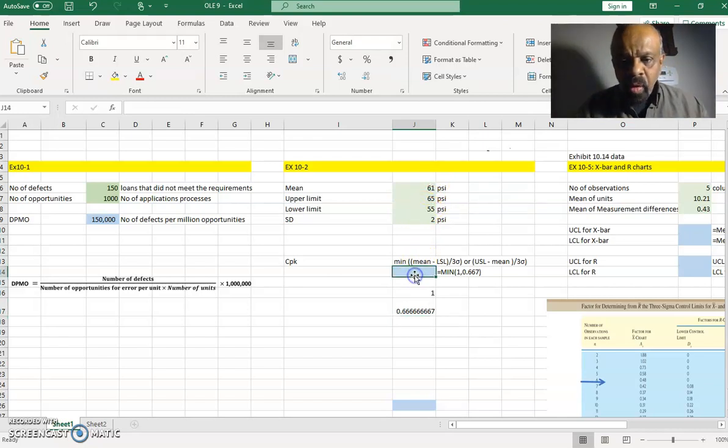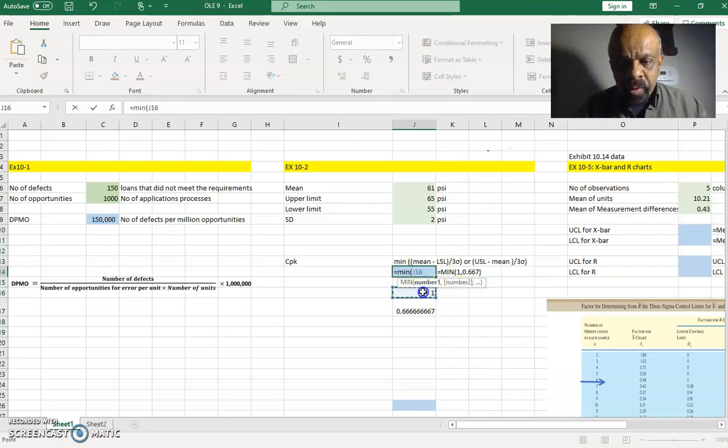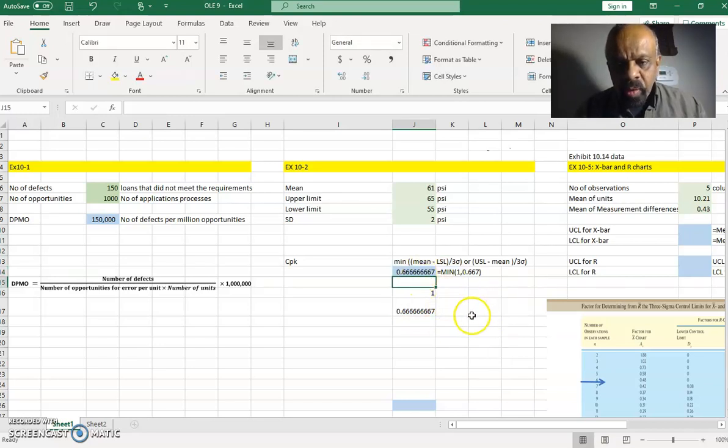So the minimum of these two is your answer. So the answer is 0.6667. Okay, and that's how you calculate the CPK.